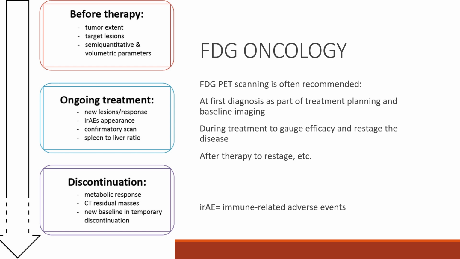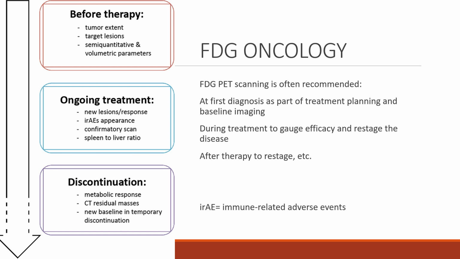So FDG oncology is also used a number of different ways. Before therapy, it's used to look at tumor extent, find target lesions, and get semi-quantitative and volumetric parameters. You want to see the SUV to see how aggressive the tumor is. And it's used for staging purposes, right?